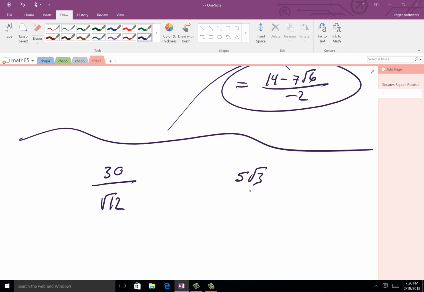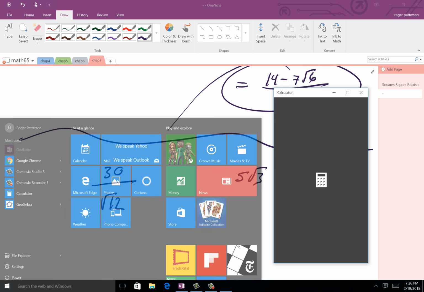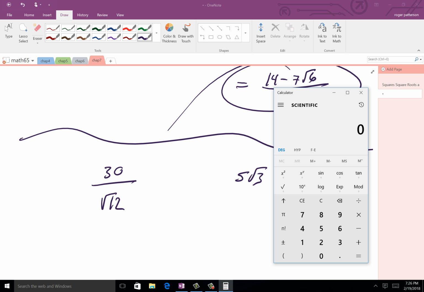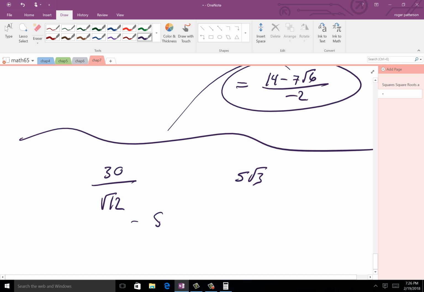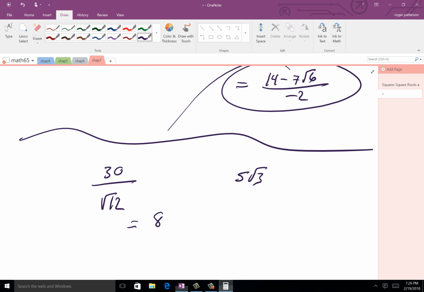All right, so then if we wanted to change this using a calculator, I'd probably use Desmos before I'd use my calculator, but I'll just do this real quick. So let's see if I can do it. 30 divided by the square root of 12 equals 8.66.